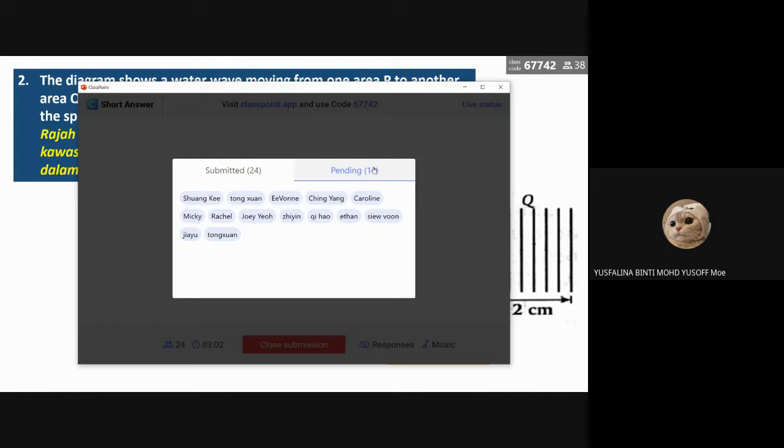Okay, Shonki, Thompson, Yvonne, Qingyang, Caroline, Mickey, Rachel, Joey, Jiying, Qihao, Ethan, Yvonne, Jiayu, Tongzhen. Okay, we wait for 9 more.